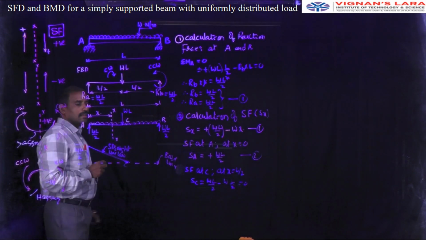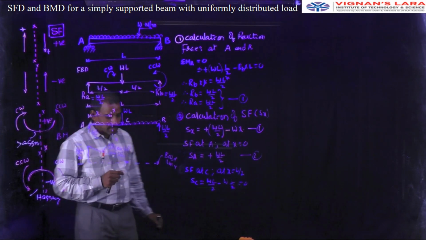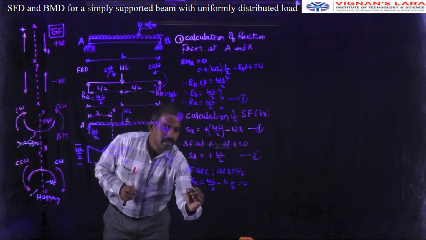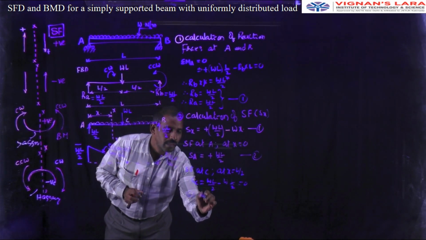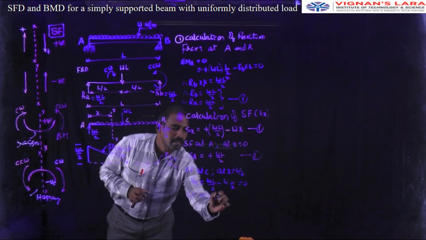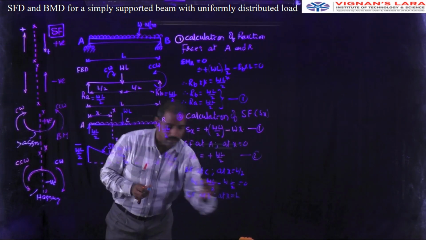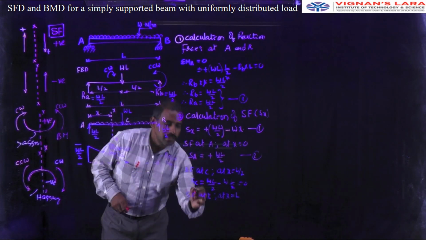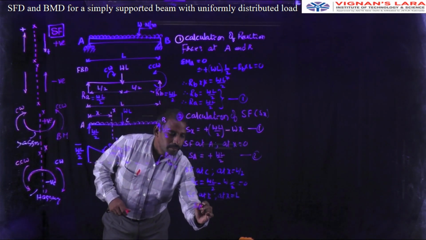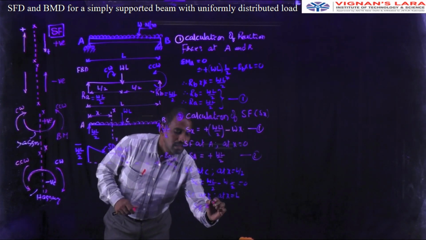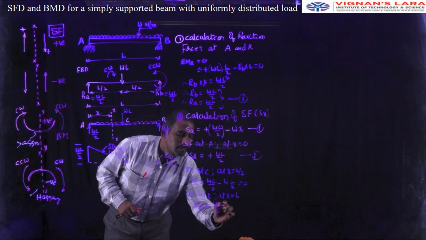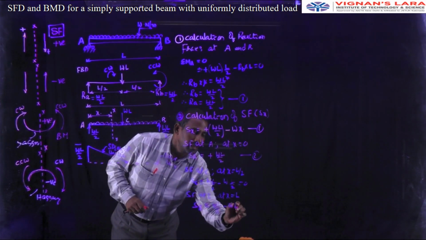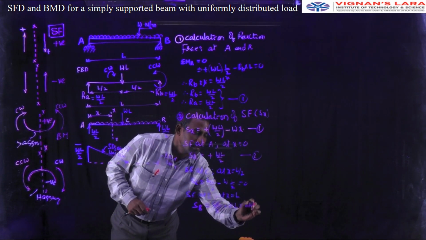Then you can calculate the shear force at x is equal to L from this equation also. Then SF at B, it means at x is equal to L. So what about that value? SB is equal to, as we know, WL by 2 minus W into L, that is equal to minus WL by 2.